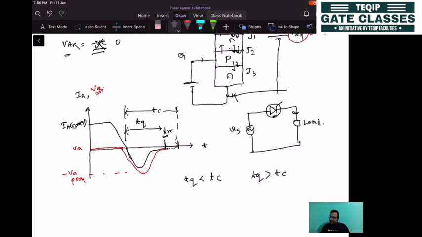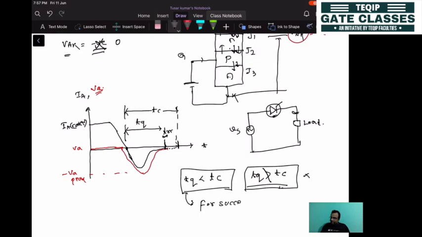This is not feasible and you are not supposed to follow it. So the device turn off time should be less than the circuit turn off time for successful commutation.